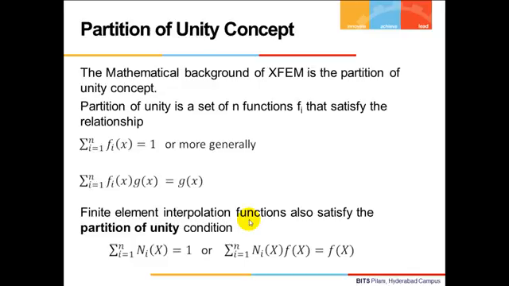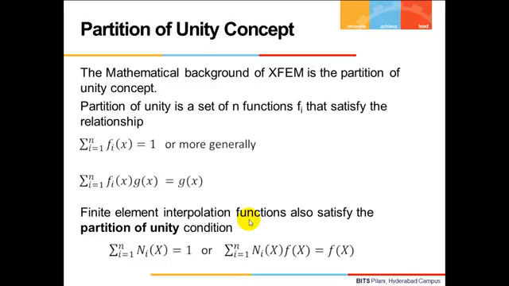Now, a simple generalized format of a partitioning of unity is given by sigma i equal to 1 to n, fi of x is equal to 1. Or more generally, if we incorporate another function in it, then sigma fi of x into g of x is equal to g of x.